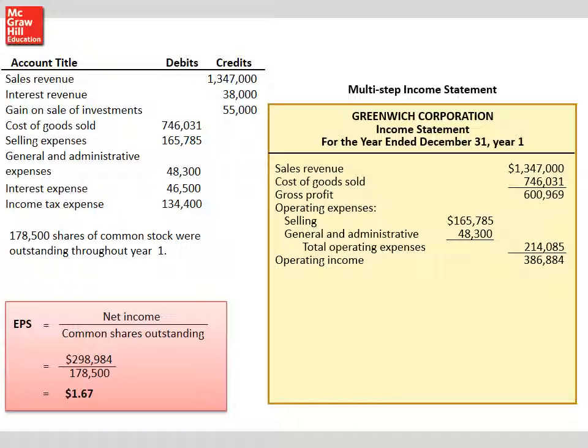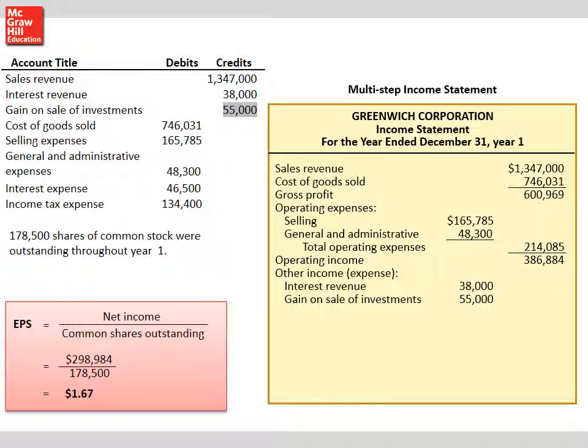Now, if there's any other revenue or expense items, income or expense items, they're listed after operating. Interest revenue is a revenue from investing. Gains on sale of investments are essentially revenues or incoming amounts from investing.